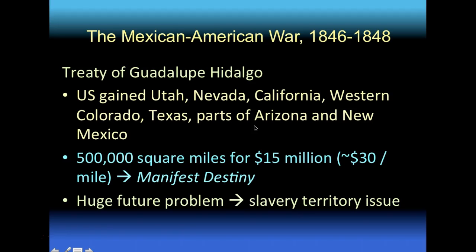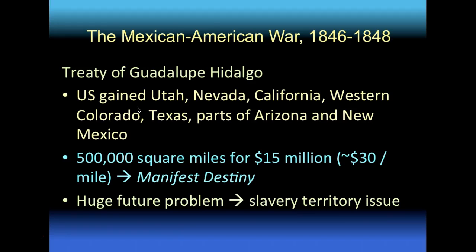Gaining this land was a huge problem in the future because slavery became a really, really big issue. As we have discussed a little bit already, slaves aren't emancipated until after the American Civil War, which starts in 1865.